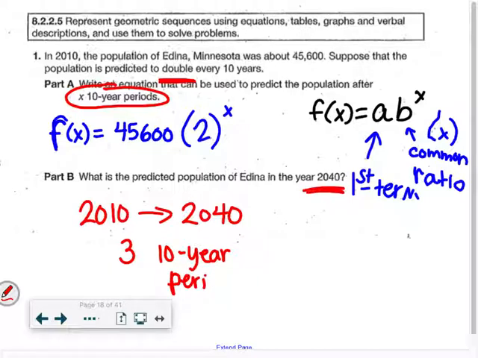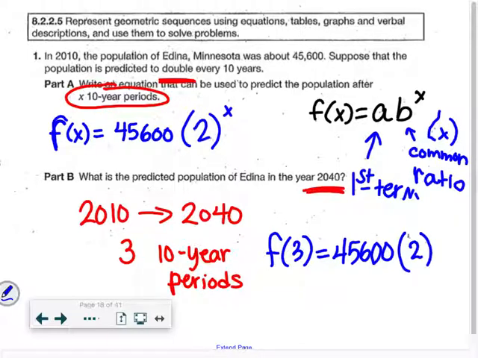So that means that we are evaluating f of 3. So 45,600 times 2 to the third power. So that gives us a population of 364,800 people in the year 2040.